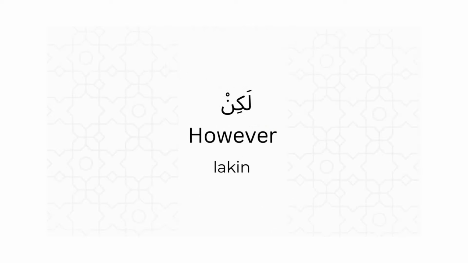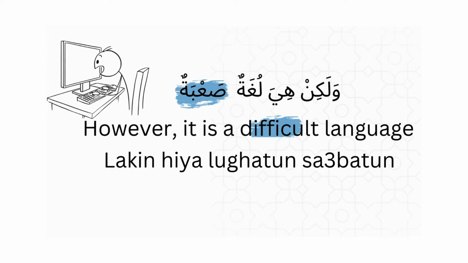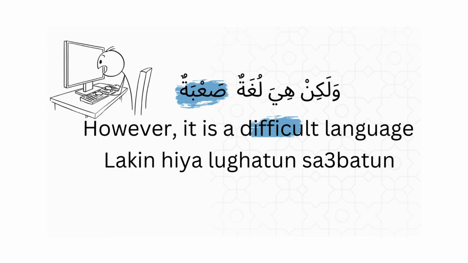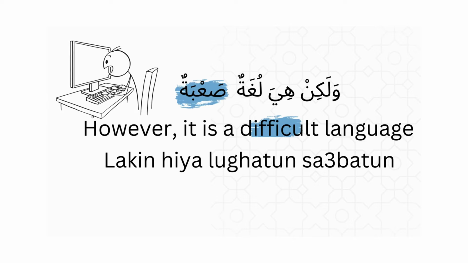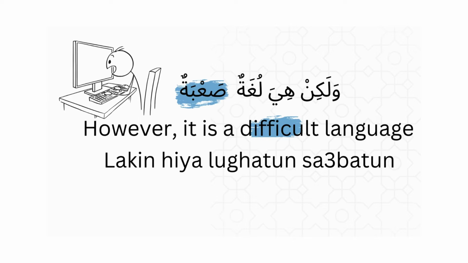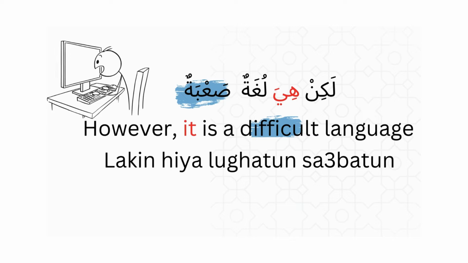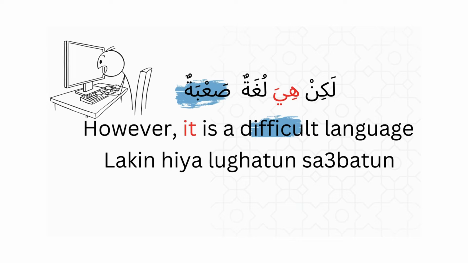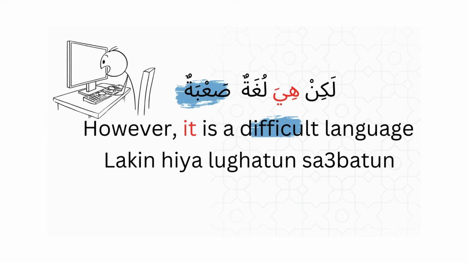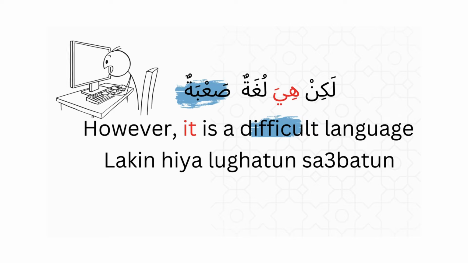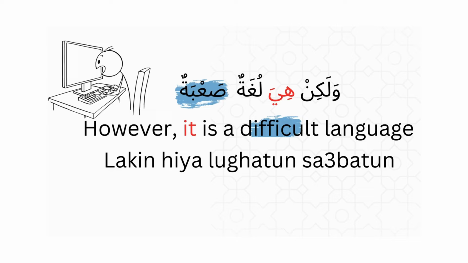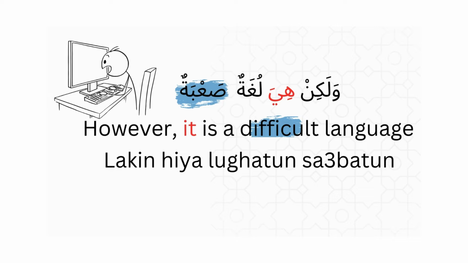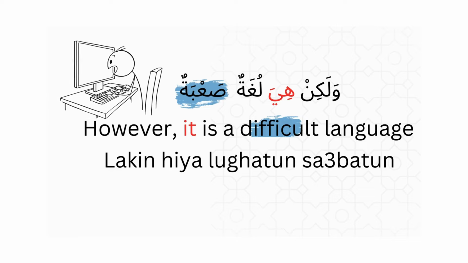The Arabic word for however is لكن. لكن هي لغة صعبة. The pronoun هي means she. It is translated here into it. And since the word العربية is a feminine noun, we're replacing the word العربية with the pronoun هي. لكن هي لغة صعبة.